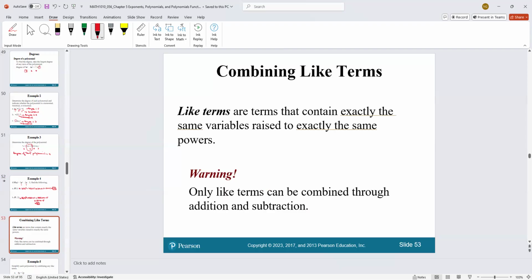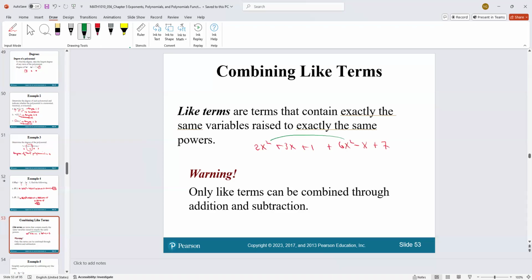Combining like terms means terms that contain exactly the same variables raised to exactly the same power. So if I have 2x squared plus 3x plus 1 plus 6x squared minus x plus 7, we're going to combine all the terms that have the same exponent.